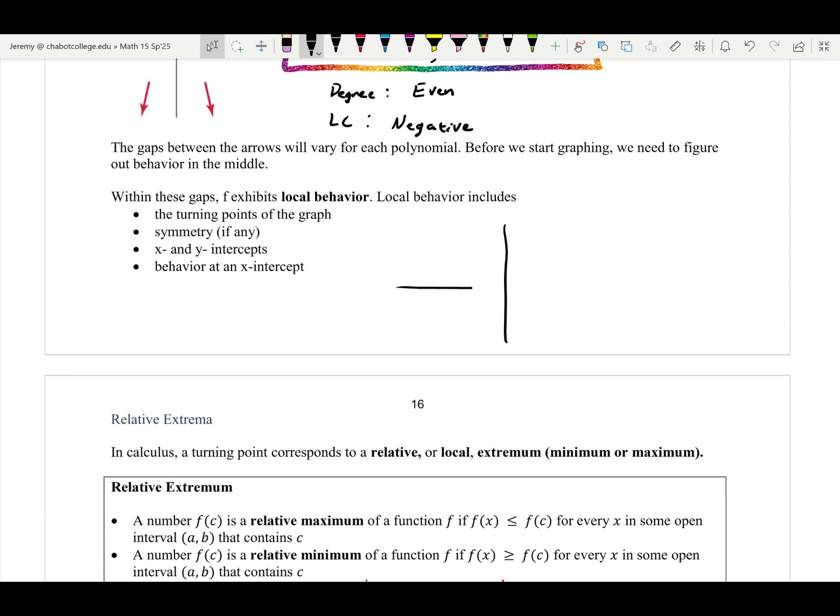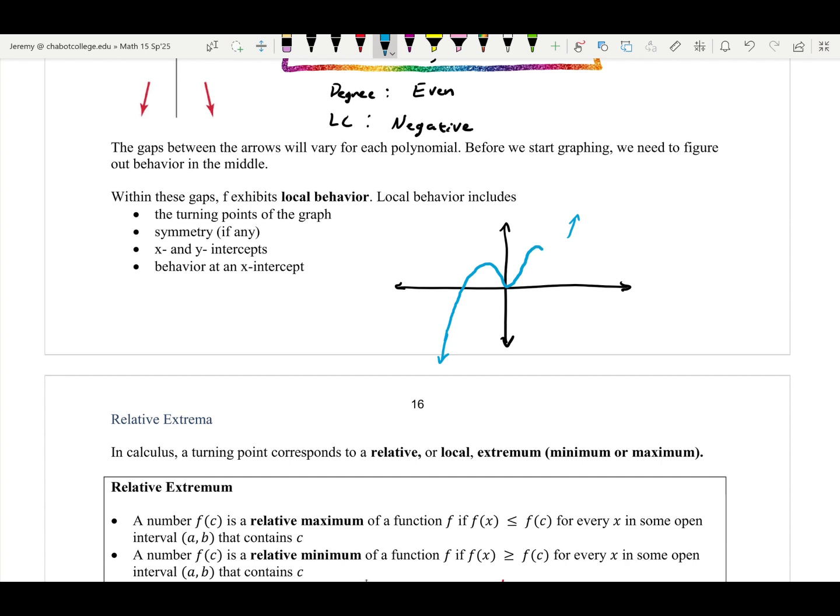So we're going to see a whole bunch of different examples of graphs of polynomials, but oftentimes, there will be some kind of end behavior. Maybe it'll go down to the left and up to the right, I don't know. But in between, there are going to be points where we go across the x-axis. There are going to be points where we turn around. There are going to be points where we go through the y-axis.